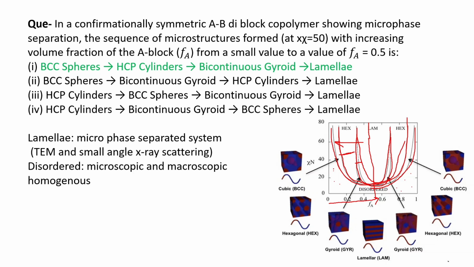So these phases are completely in separated form when we see at the micro level. But when we go towards zero volume fraction of the A block, or towards 1, the region outside this curve is the disordered state, where at both the microscopic and macroscopic level, the phase is homogeneous, completely miscible, in blended form, or a single phase system.